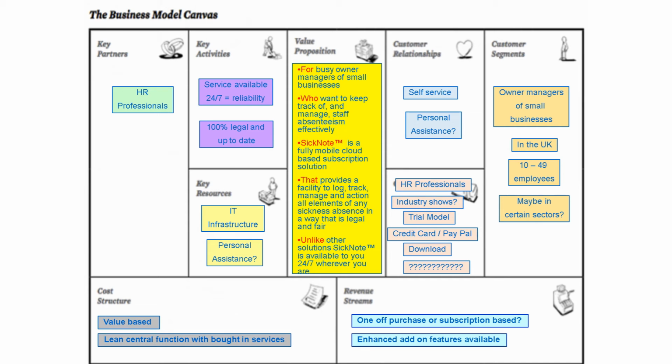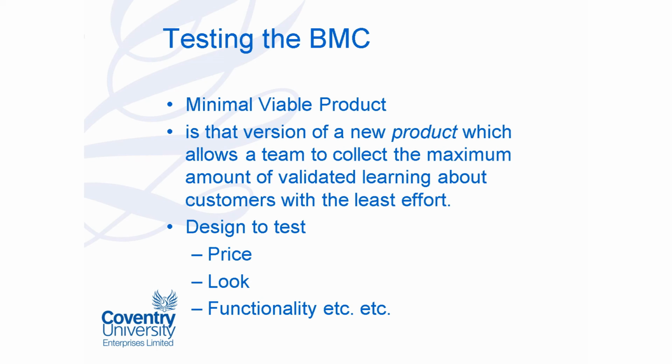I know that you've already talked to some of your friends and colleagues at a fairly high level about the idea, but now it's a question of putting something together that you can really test with them in an objective way, to see, for example, whether they prefer to pay a subscription or a one-off fee, and actually ask some questions like that. So in order to do that, you need to have what we call a minimal viable proposition, which is something that you can actually use to gather this information.